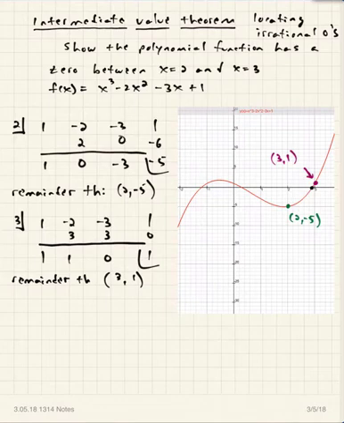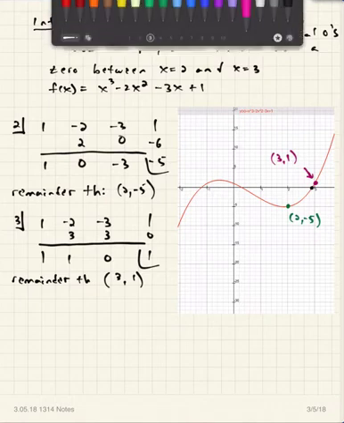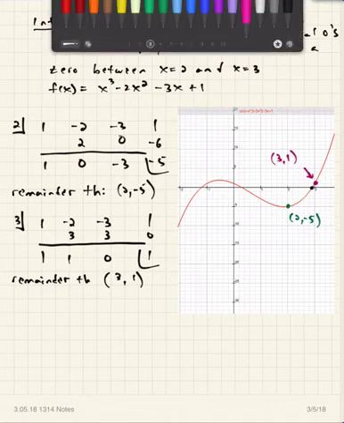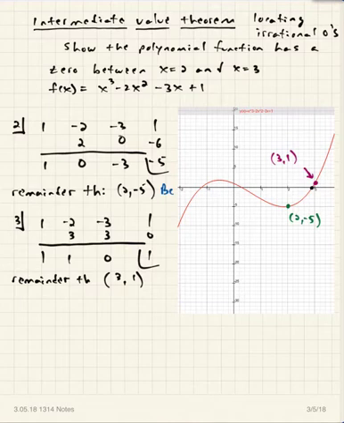And so the idea is this. Notice that at one of the points, the graph is below the x-axis, and at the other point, at (3, 1), the graph is above the x-axis. So for a polynomial that never has any breaks or tears in it, what's the only way it could go from below the x-axis to above the x-axis?